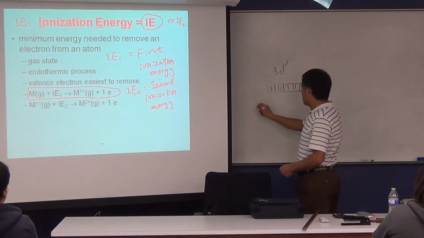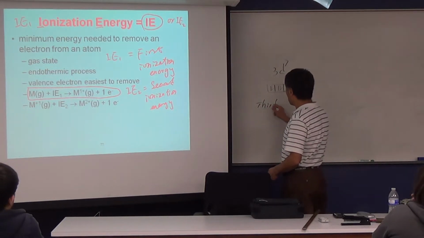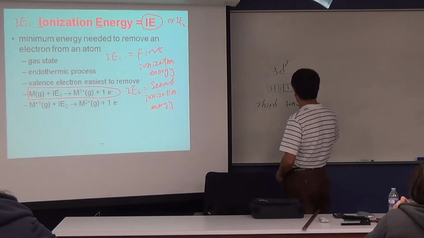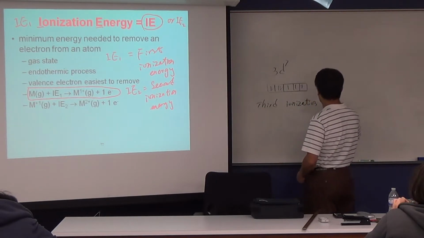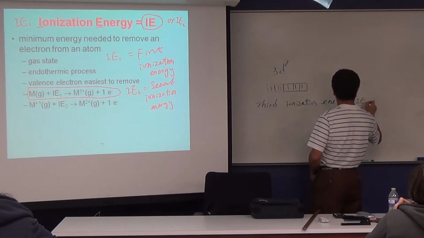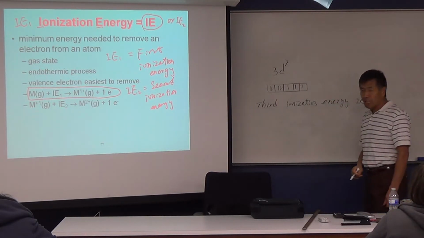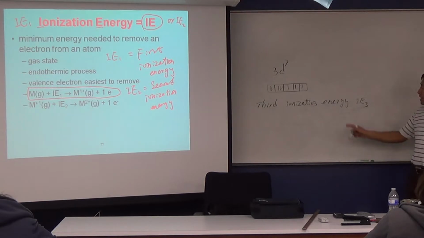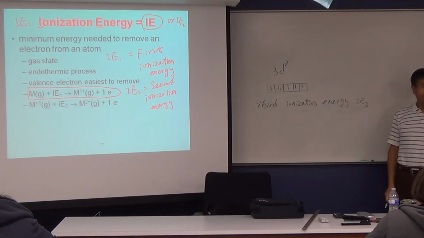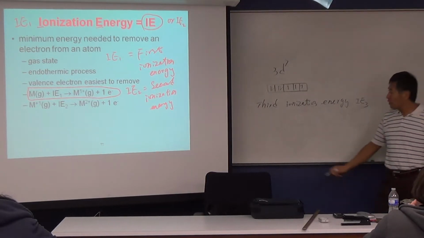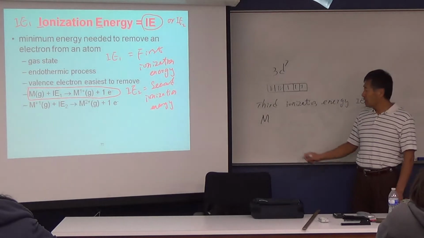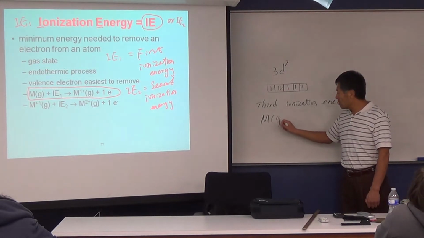Alright, so we do a practice right here. So what will be the equation for the IE3, or the third ionization energy? And we will still use the hypothetical element M. And it shall be in the gas state.